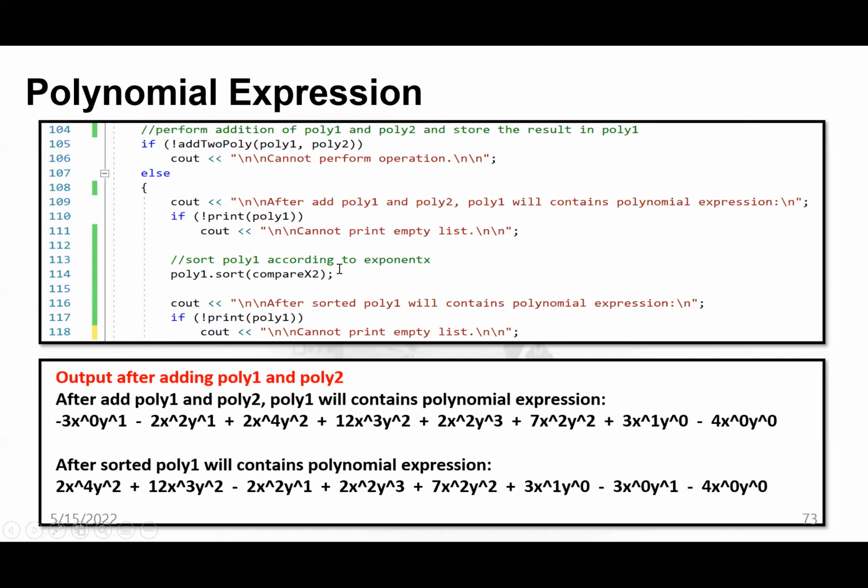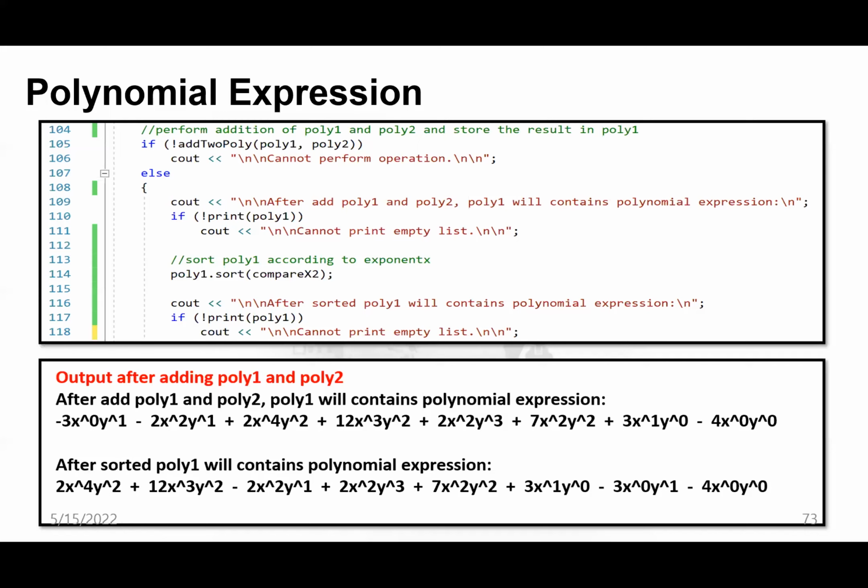Because now inside your node in the list, you are not storing one integer or one float, meaning one data only. You are storing multiple data because it's a structure. You store coefficient, exponent x and exponent y, right? So that's why this compare x indicates that, and it calls exponent x.